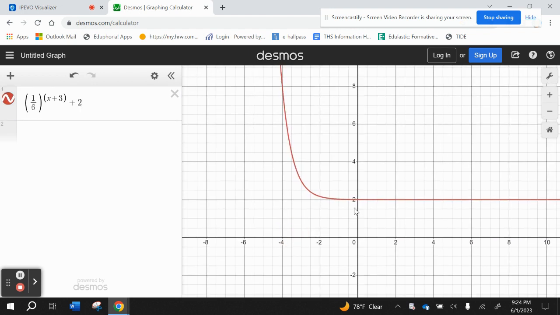Okay, so our asymptote checks out. And then let's check negative 3.